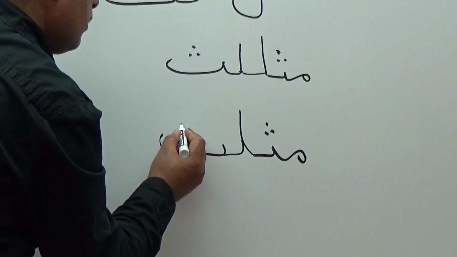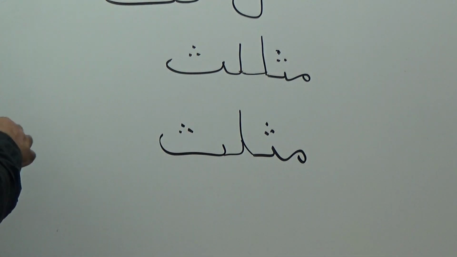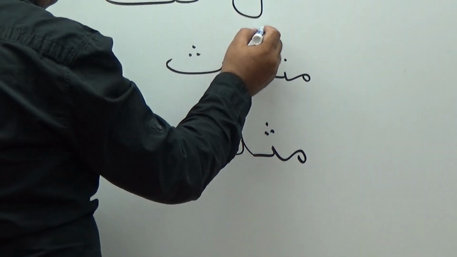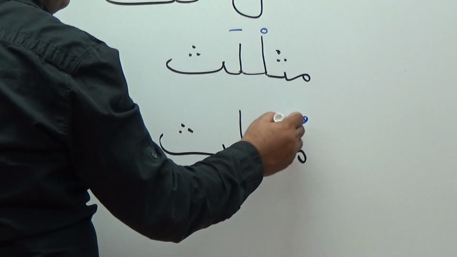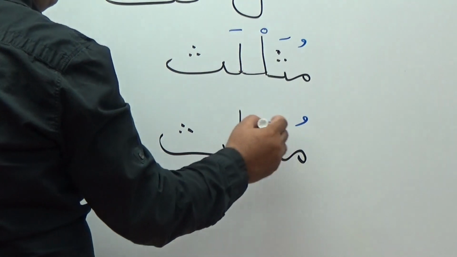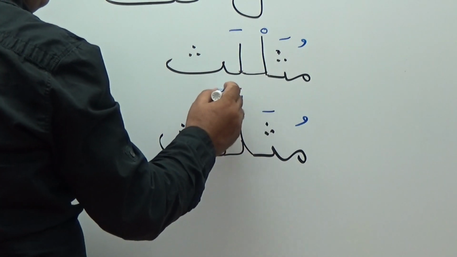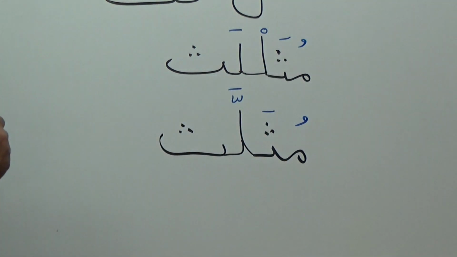If we have two letters in the word and we want to stress on that letter, for example, this word, can anybody read it? The first one, meem, and we have dhamma on it, which is what? Mu. Then we have tha, and the tha has what?